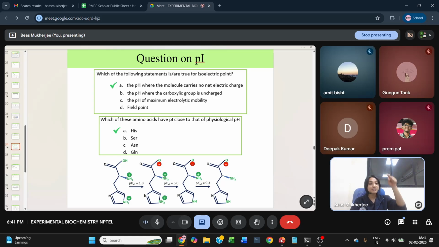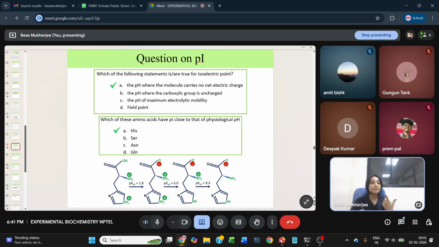It wouldn't move, because in an electric field the molecule moves when it has a lot of charge, right? That is the principle of your SDS-PAGE and everything. We'll talk about that later. So if it is having no charge, it will not travel towards the oppositely charged electrode. So the pH of maximum electrolytic mobility is definitely wrong. It is the pH of the minimum electrolytic mobility rather. Okay. And about the field point, you will tell me in the next class. Okay, this is homework for you. You will tell me what the field point is.